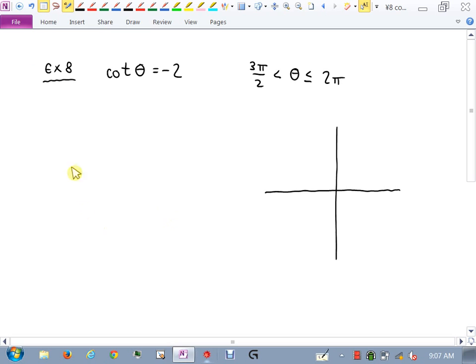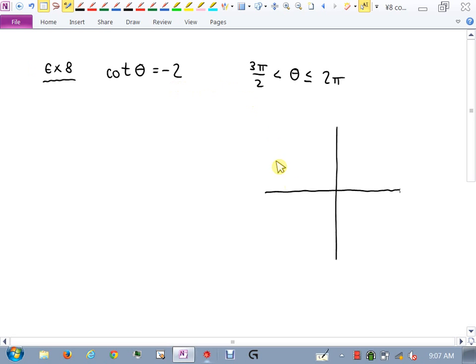All right, the fact that cotangent is negative is the first piece of information I'm going to use. Now, cotangent being negative means that tangent has to be negative, right? Because tangent's the reciprocal of cotangent. So saying cotangent is negative is the same as saying that tangent is. So where is tangent negative? Y'all follow that? If you're looking at cotangent, you really just have to look at tangent because it's just flipped over. So what quadrant is tangent negative in?